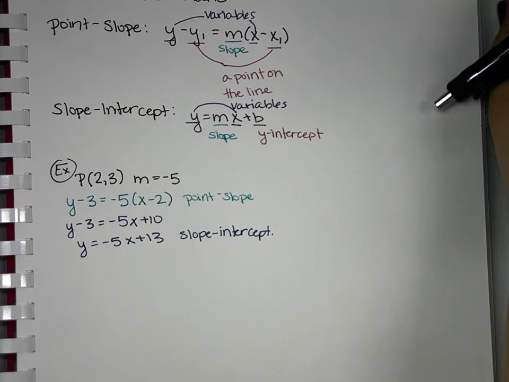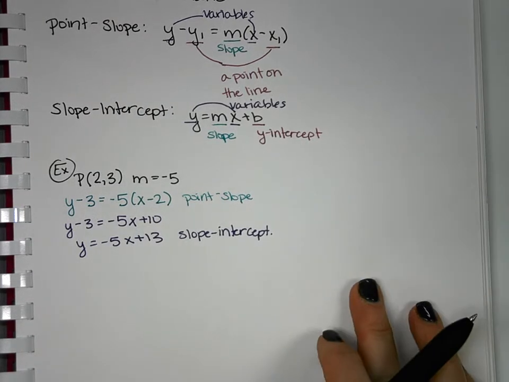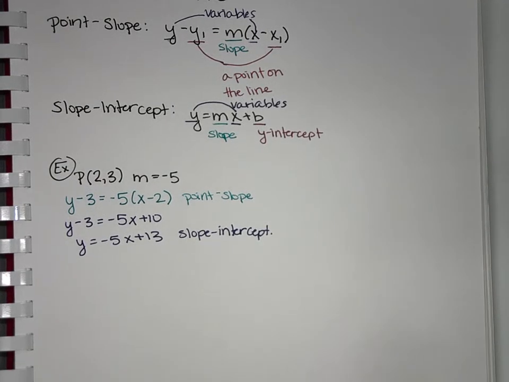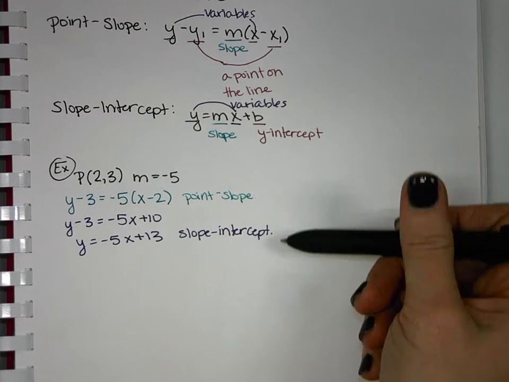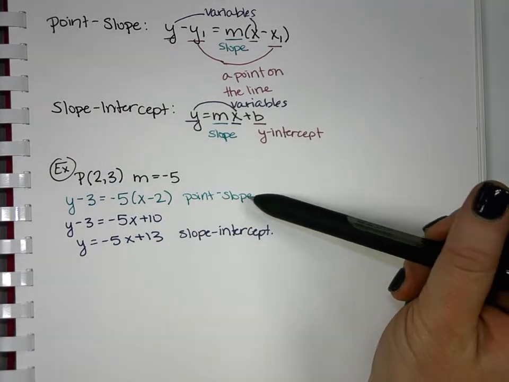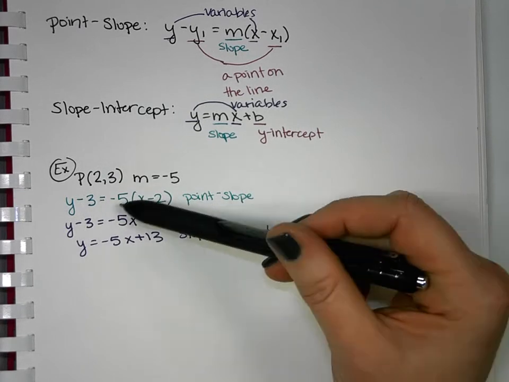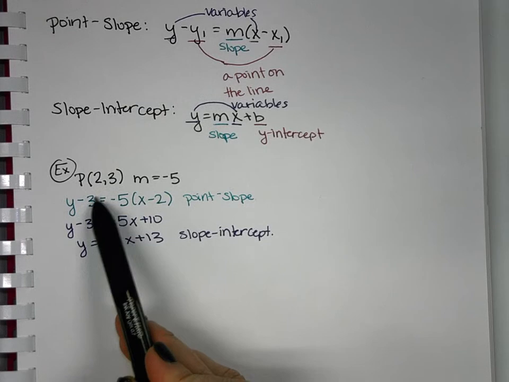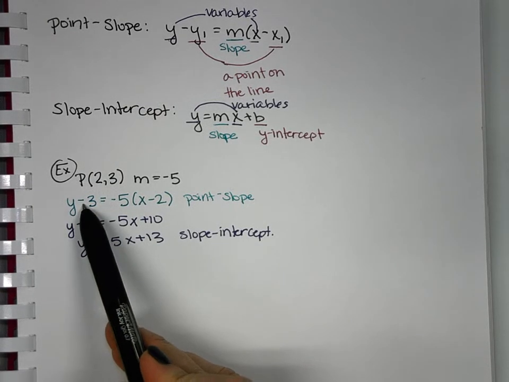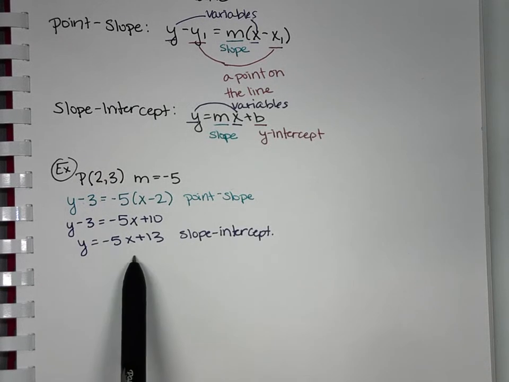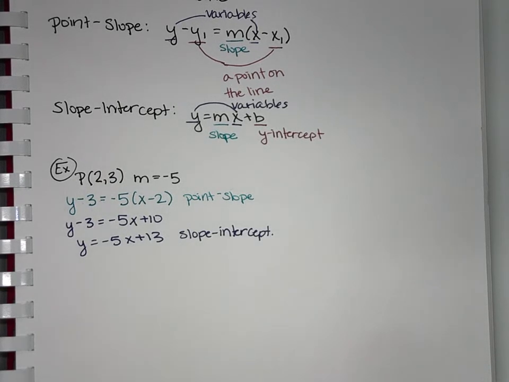We'll do another one like this in class if you need it, but that should be pretty much a review of how to write an equation of a line depending on which form it's asking. If it gives you point slope, then you just plug in the point and the slope and you're done. The only time you'll need to simplify is if you end up with a double negative on this side. If they want slope intercept, you can start here, solve for y, and you have your slope intercept.